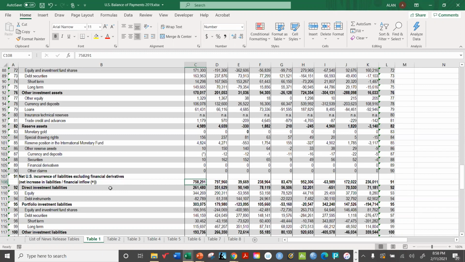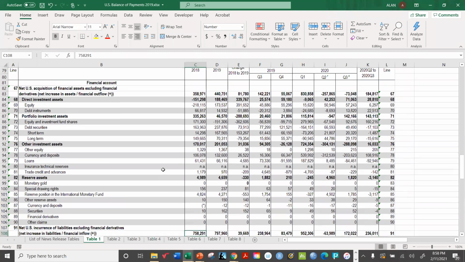No, that can't be right. I think it's the other way around. Because if we've incurred a liability, that means we have cash coming into the country. If we take the 758,291 and subtract 358,971, that gives us a surplus of 399.